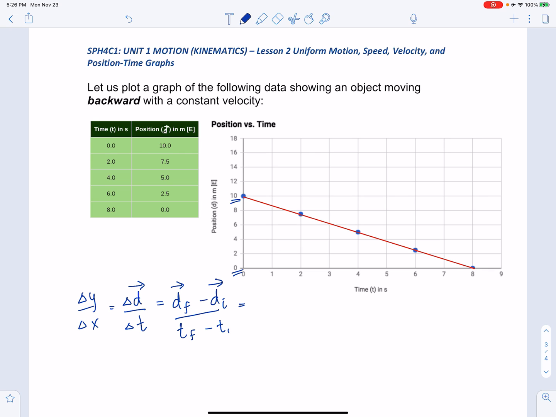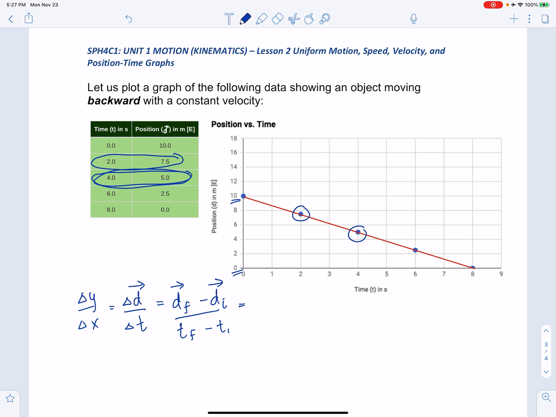Pick any 2 points on this graph. You can literally pick any 2 of these blue dots. What I'm going to pick is the point at 4 seconds, which has a position of 5 meters east, and the point at 2 seconds, which has a position of 7.5 meters east.